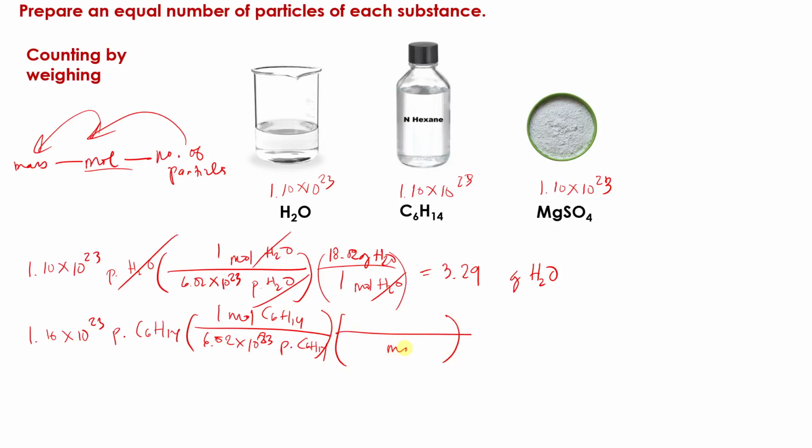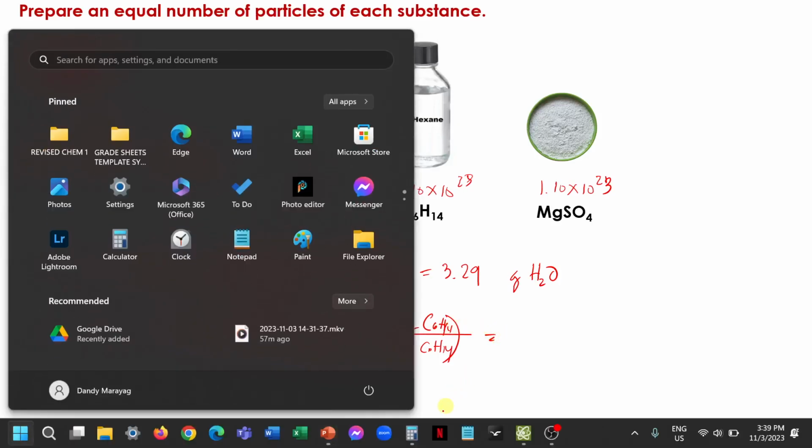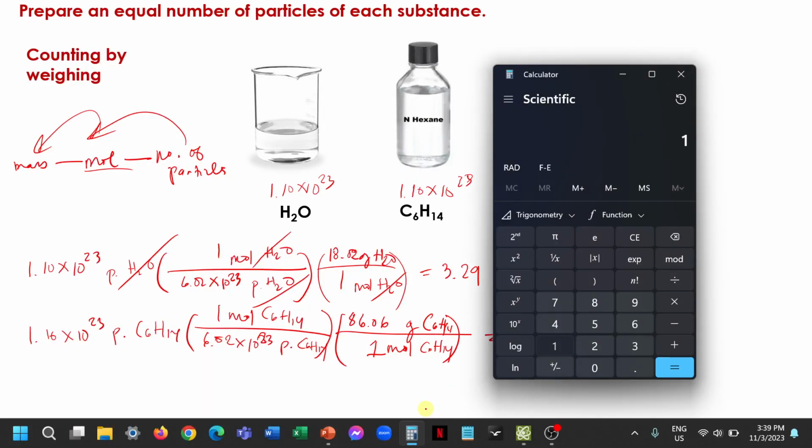Then we have moles of C6H14 to the mass, grams of C6H14. The molar mass is equal to 86.06 grams.